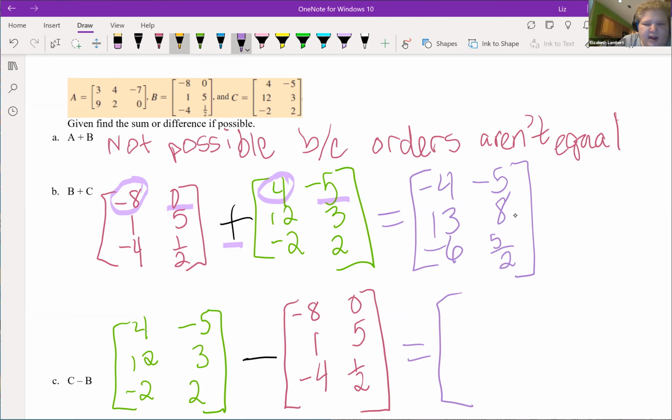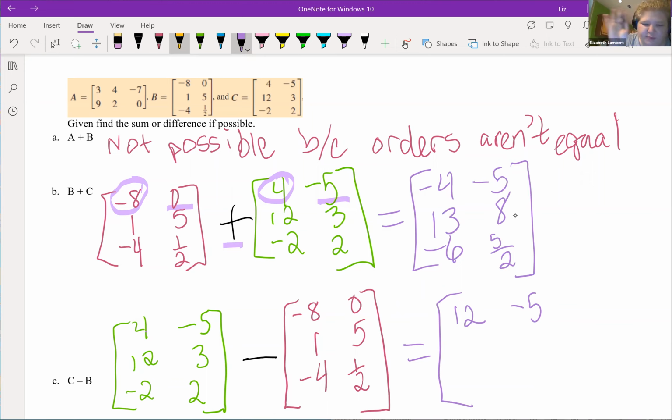So 4 minus -8. That first row, first column, minus -8 becomes plus 8. So 4 plus 8 is a 12 now. -5 minus 0, not plus. I said the wrong word.